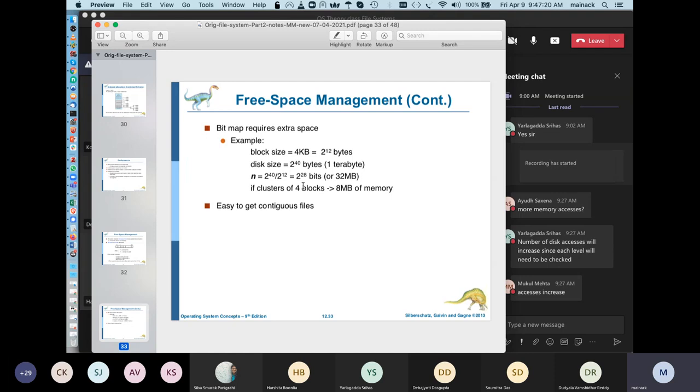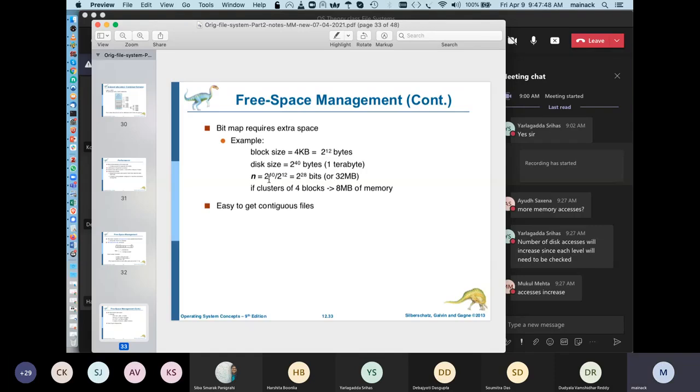Thus the number of bits we need is 2^28 bits, which is 32 megabytes. If we consider clusters of 4 blocks each, then we need a quarter of that to find free space. So essentially, we need at least 8 MB of memory always given to this bit vector.